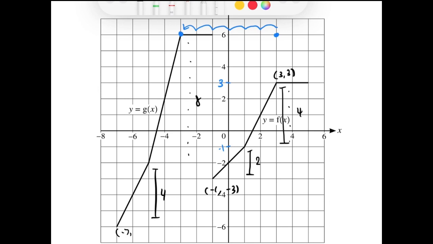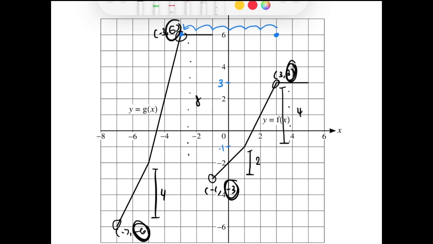So you're looking at the same point, right? And what you want to identify is your y-axis. Once again, you can see 3, -3, -6, 3, and -3 and 6.